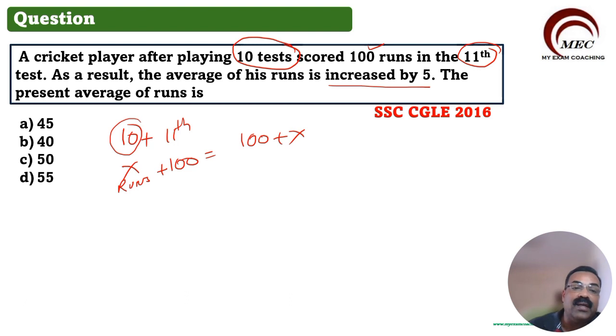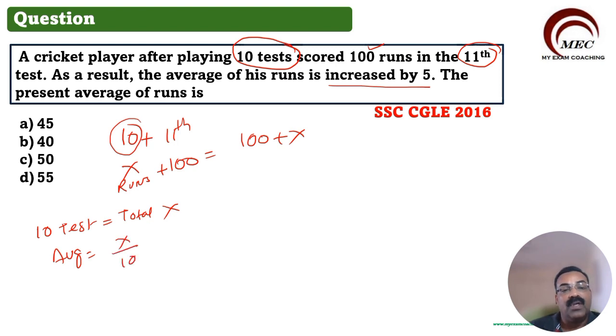So initially, in 10 tests, the total score is X. So average will be how much? Average will be X by 10. Now, what is the total? The total is 100 plus X, and in how many matches? 11 matches.